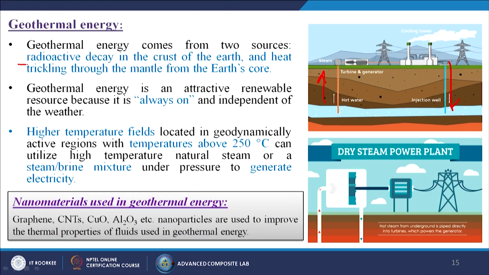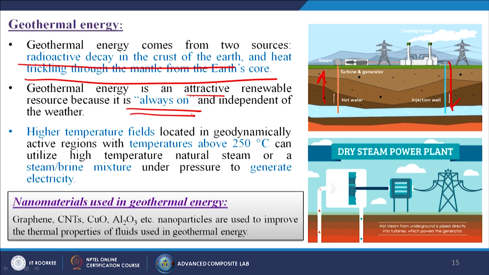Now, geothermal energy comes from two sources. One is the radioactive decay in the crust of the earth, another is the heat trickling through the mantle from the earth's core. Geothermal energy is an attractive renewable resource because it is always on and independent of the weather.